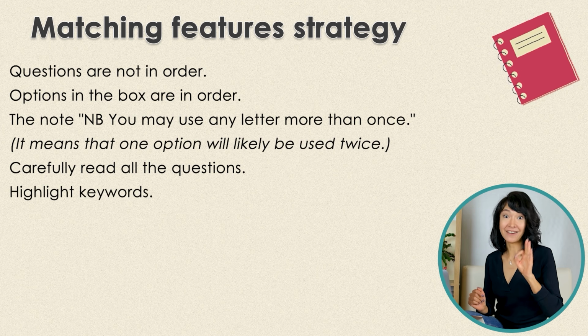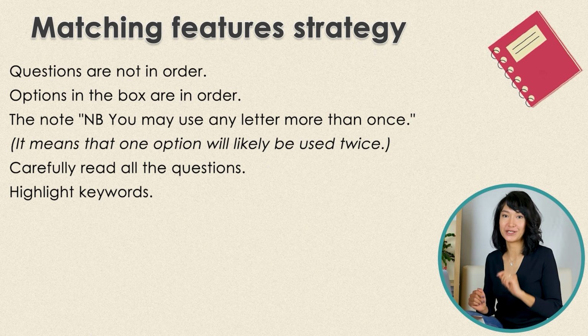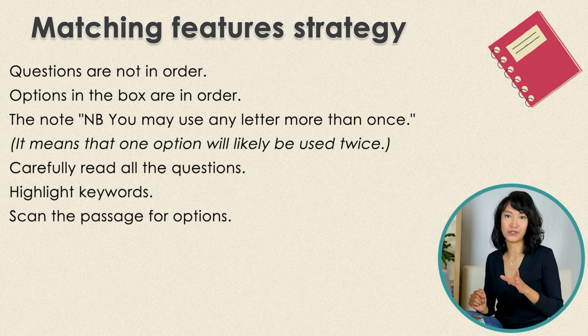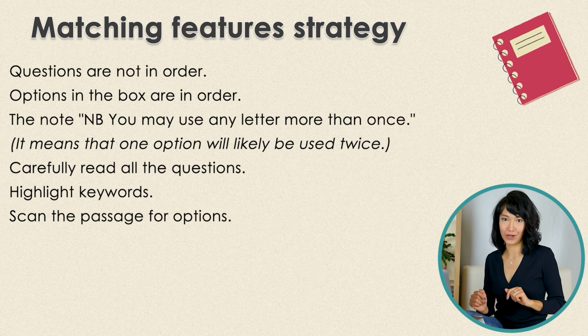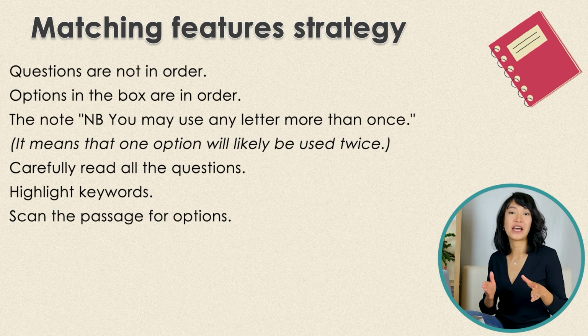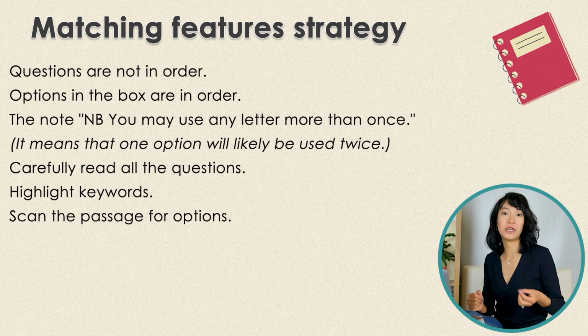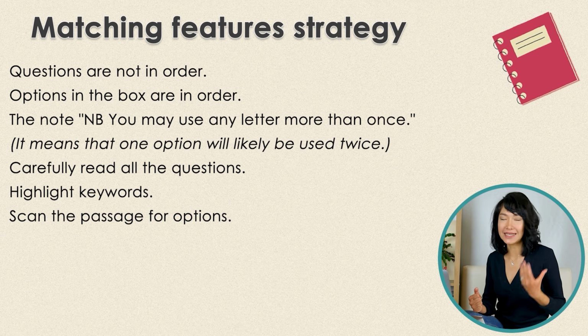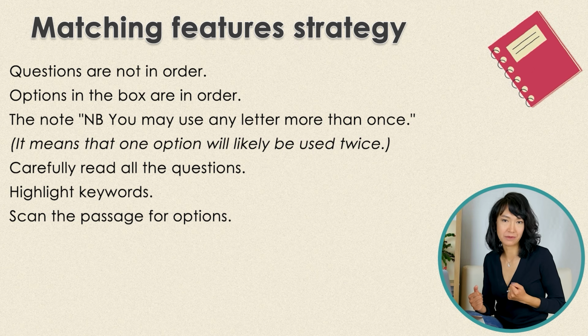Now, here is how you can answer these questions faster. Scan the passage for options. In our case, surnames. In many question types, scanning doesn't work because when you scan the text, you don't get an understanding of what this passage is about.